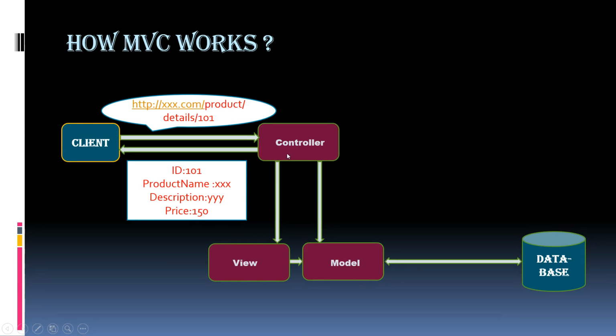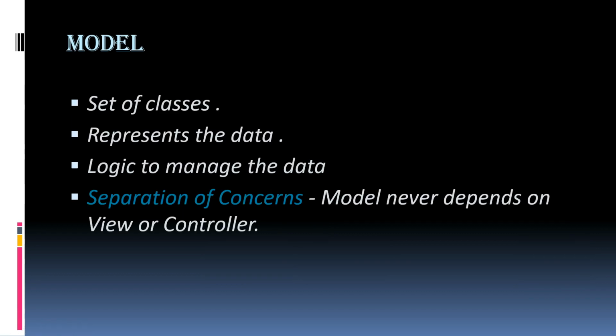Let us discuss each of these components in the MVC design pattern in a little more detail. Model. Model is the component in the MVC design pattern which is used to manage the data, that is the state of the application in memory. We can simply say it is a set of classes used to describe the application's business logic and data access logic.